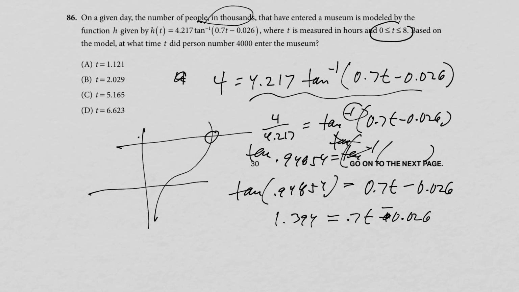So then you add 0.026 to both sides, and divide both sides by 0.7. And you get t is equal to about 2.02868, which looks like it's B. Now, you could probably do this by graphing also, but this is the way I wanted to do it.